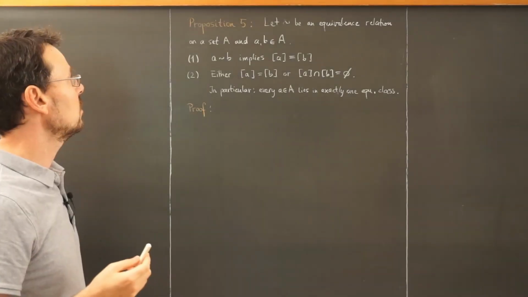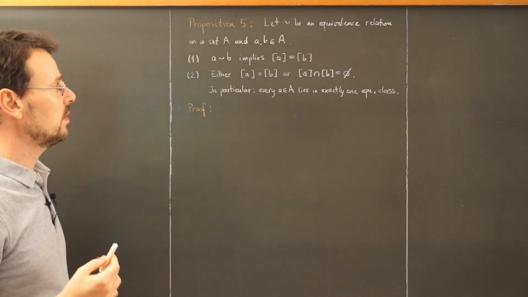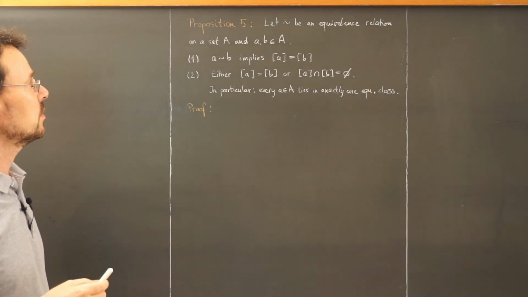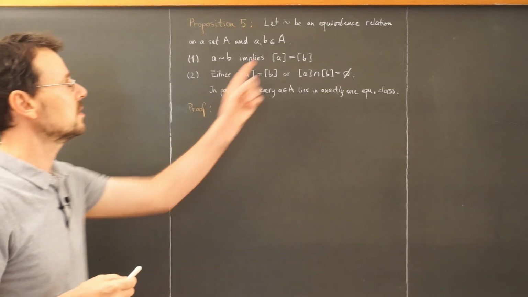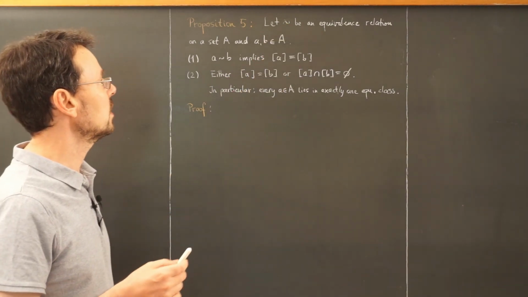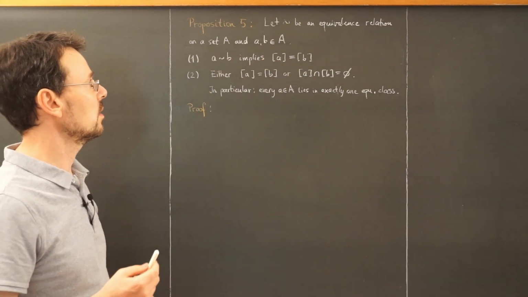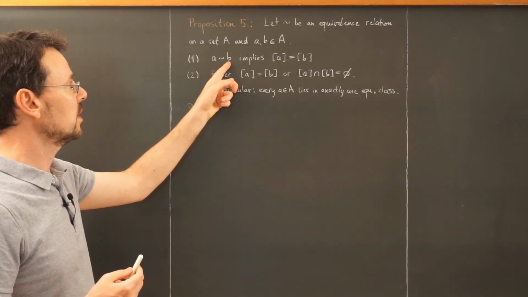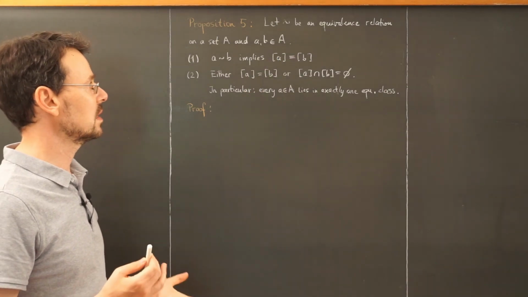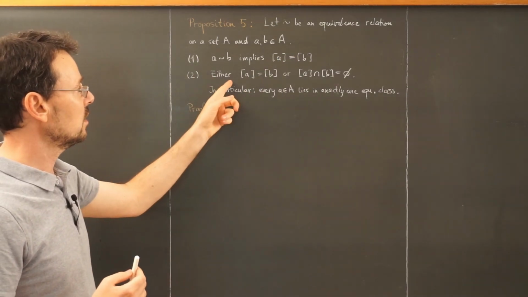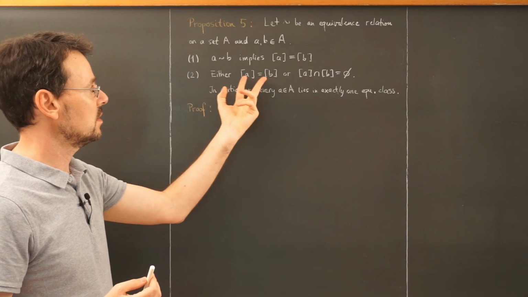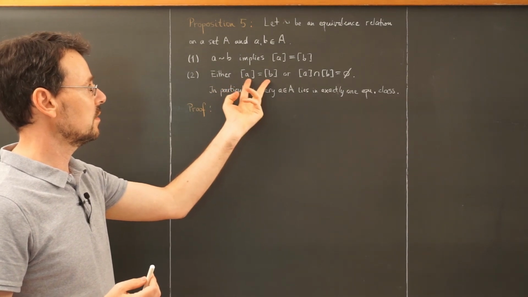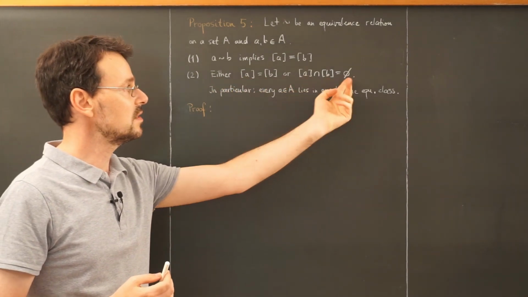Okay, now we continue by proving an elementary but very important proposition concerning equivalence classes. If tilde is an equivalence relation on a set A and a, b are arbitrary elements, then first of all, two equivalent elements always have the same equivalence class. And second, there are only two possibilities. Either two equivalence classes are the same or they are disjoint.